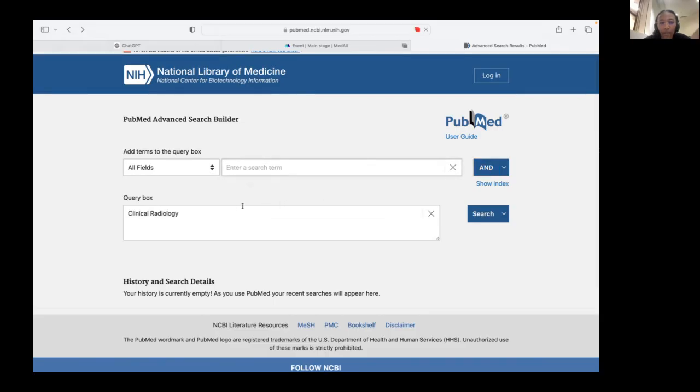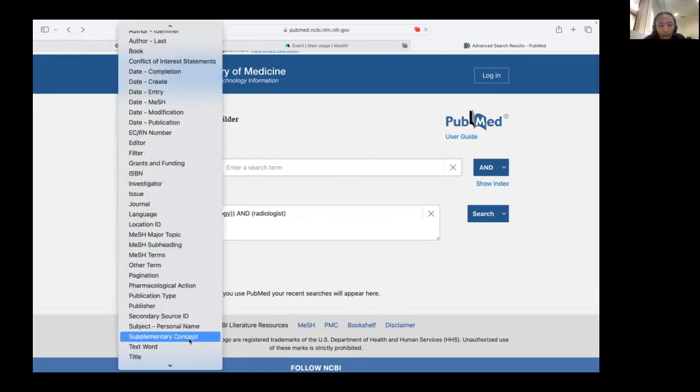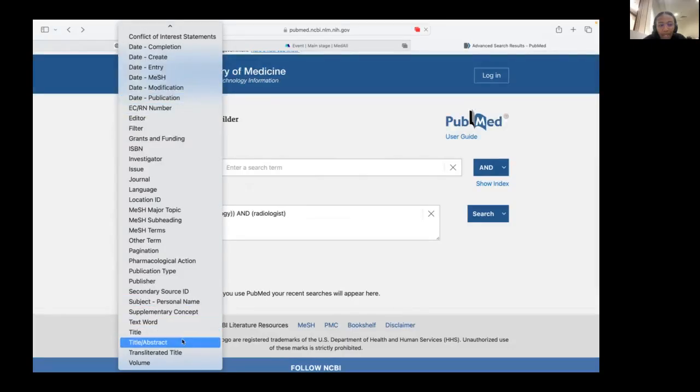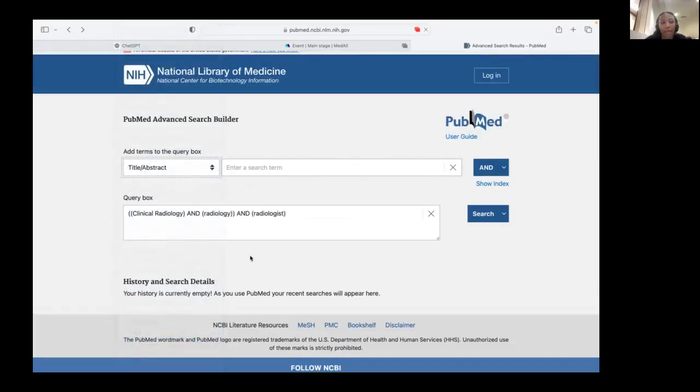So we have clinical radiology, we have radiology in general, we have radiologist. And what we're doing here is including every possible combination of these words, whether it's in the title or the abstract of a paper.